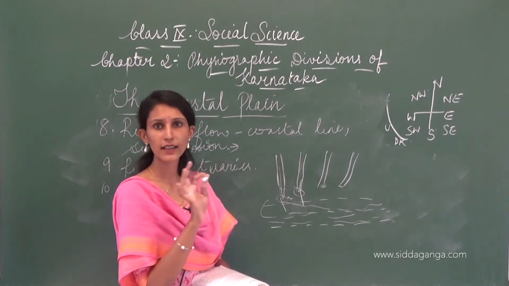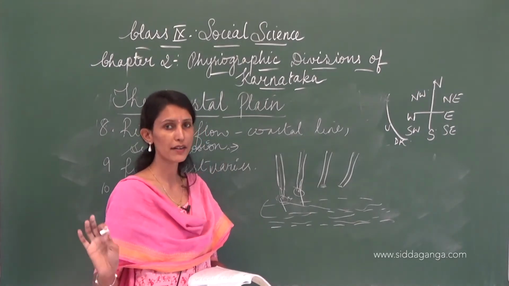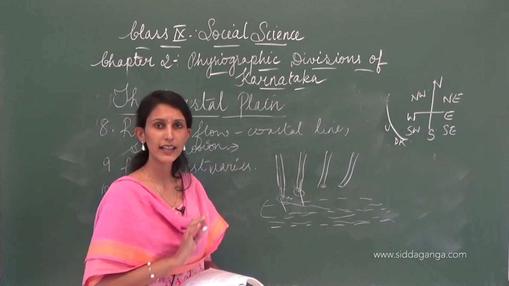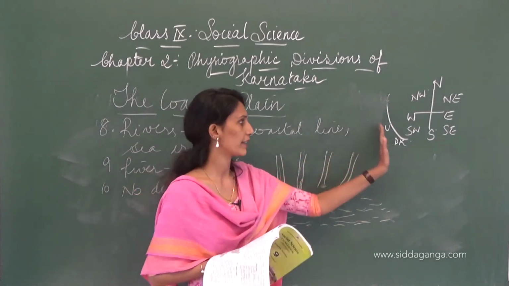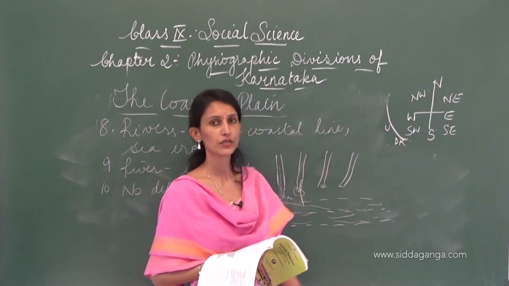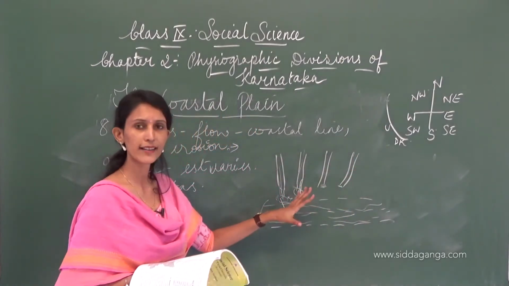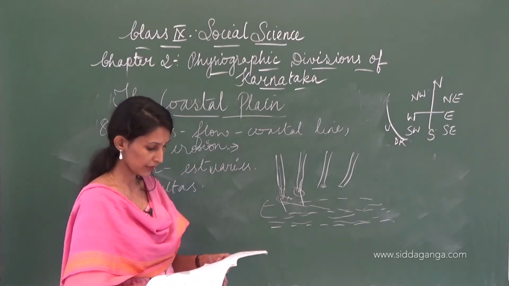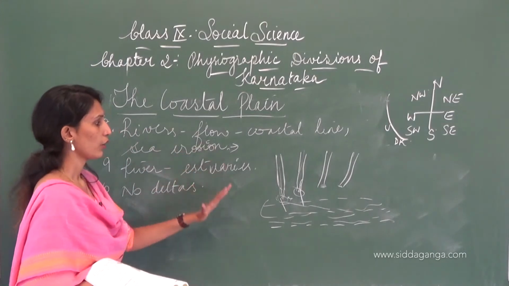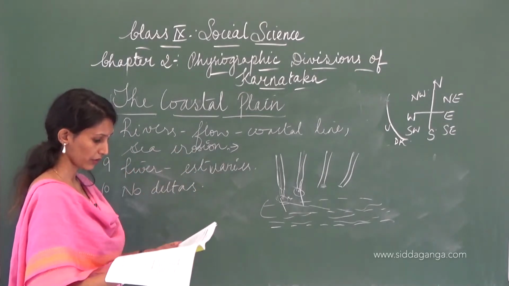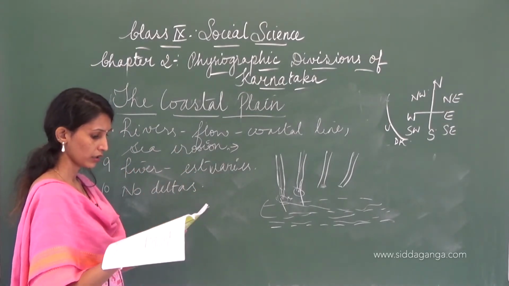But in the coastal line there are no deltas because abundant water flow is there, and this is just covered by the Arabian Sea, lot of beaches are there. So water bodies are more and there are no deltas in the area, okay. Now I hope you understood this much, okay.